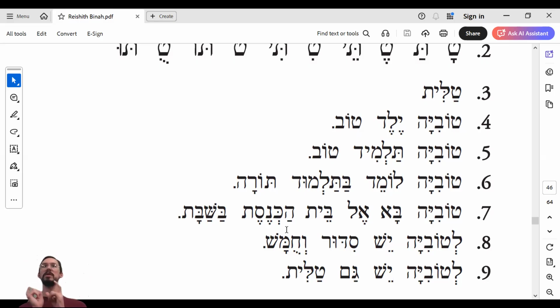It's kind of equivalent to the word you would use, like saying the five books. Pentateuch would be a good equivalent because it means 5, and so Chumash is 5. We're referring to the five books of Moses, referring to the Torah.